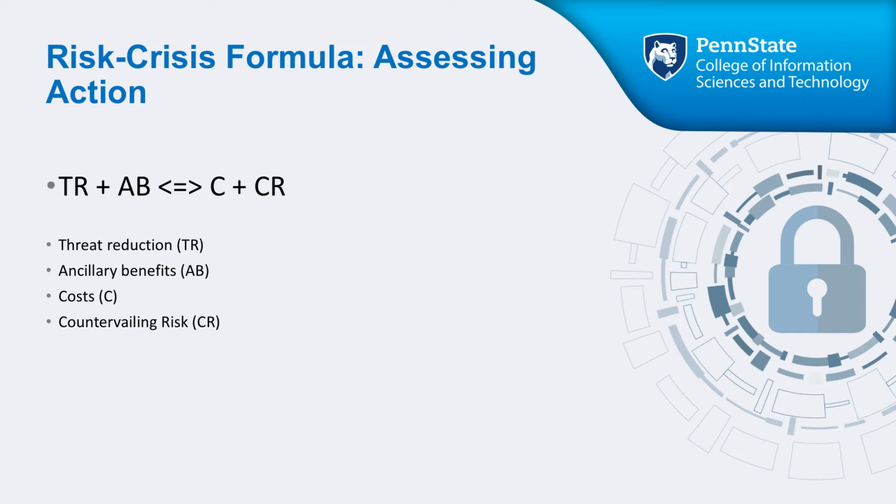Let's first consider the decision process that gave the system-wide access to the HVAC company, which ultimately provided access into a target system. In the case, the threat reduction was the ease of maintaining constant temperature at target server room by allowing a third-party vendor to monitor the HVAC remotely.